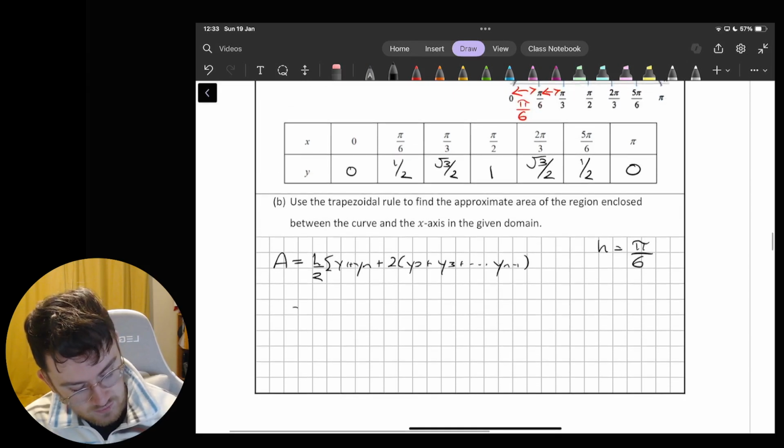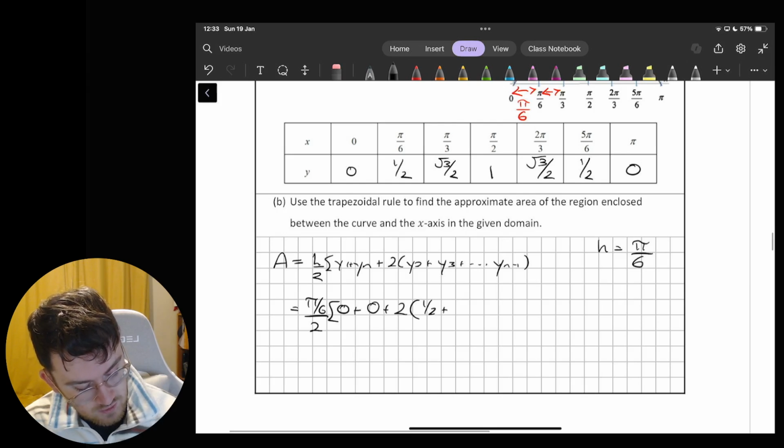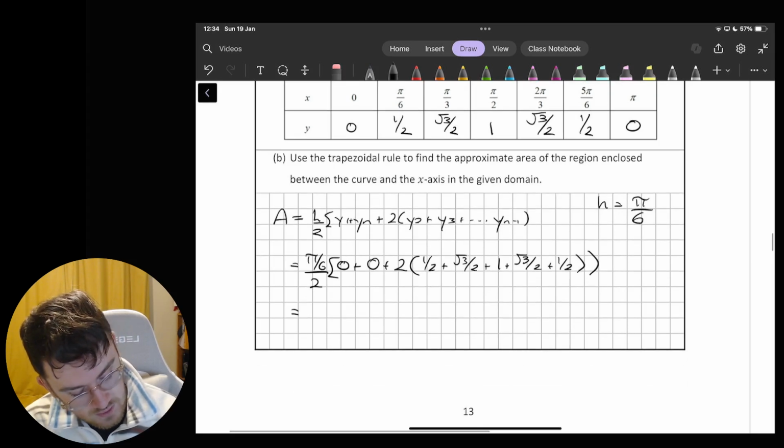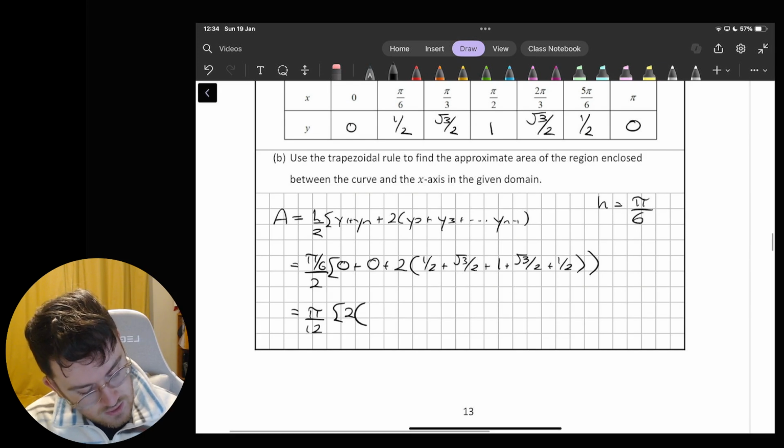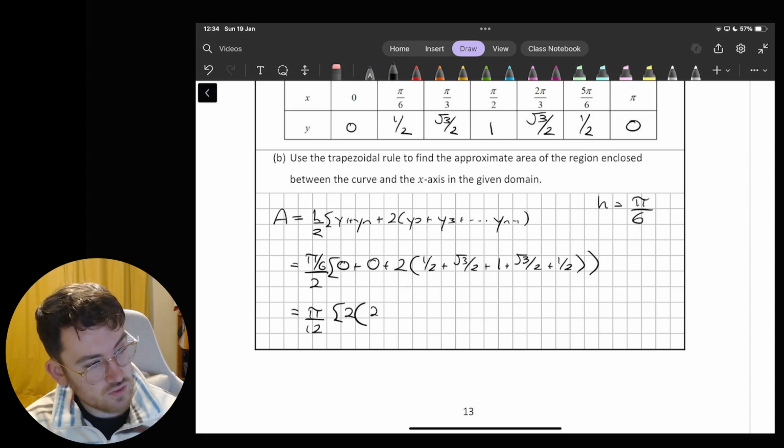So let's fill in all of these values. It's pi over 6 over 2, times 0 plus 0, plus 2 times a half, plus root 3 over 2, plus 1, plus root 3 over 2, plus a half. So that's pi over 12 times 2 times, let's see, 2 plus root 3.